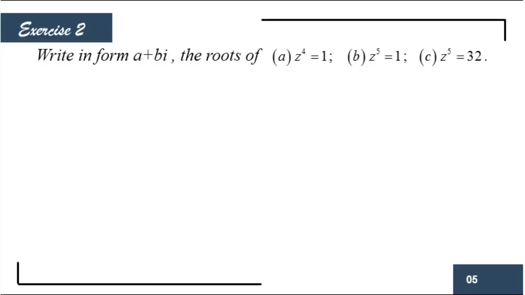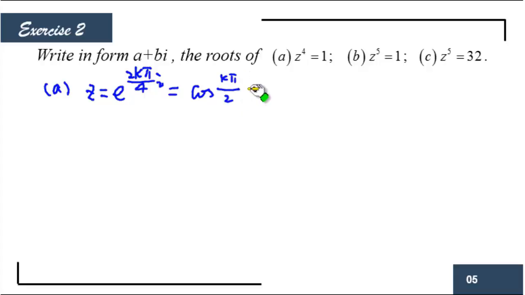Exercise 2. Write the roots of the equation in the form a plus bi. First of all, we can use the tool. That means cosine 2k pi over 4 plus i sine 2k pi over 4 equals cosine k pi over 2 plus i sine k pi over 2, and k is equal to 0, 1, 2, 3.